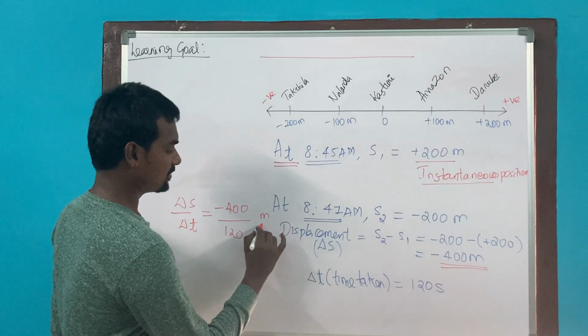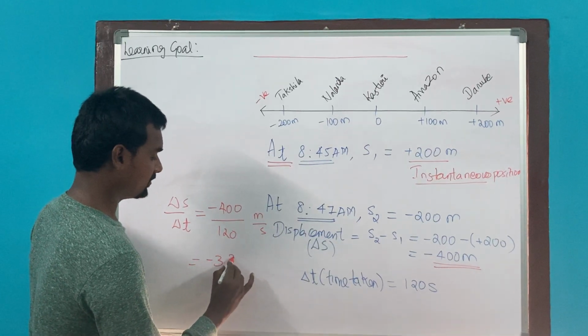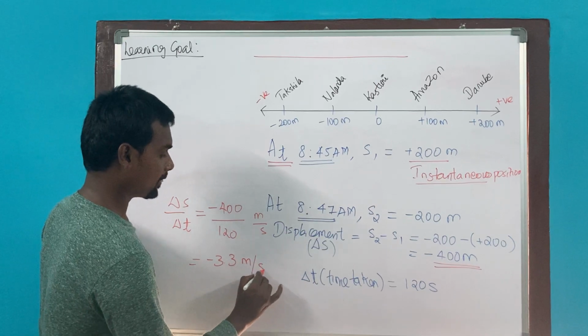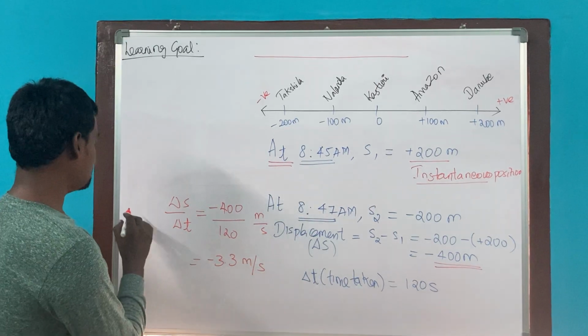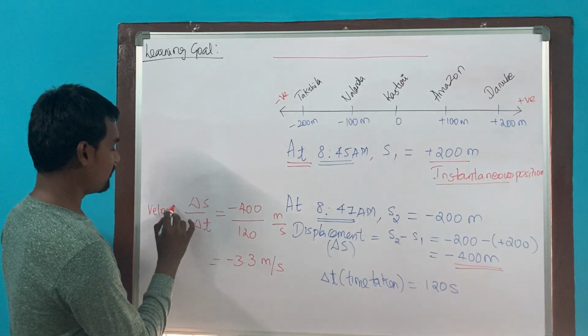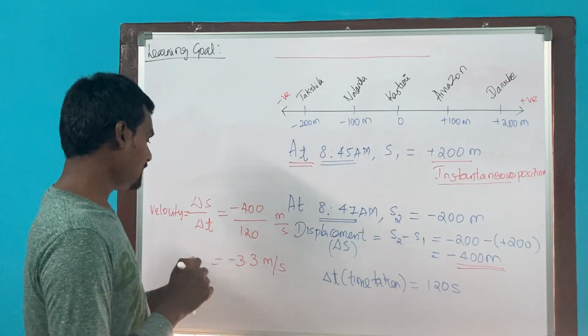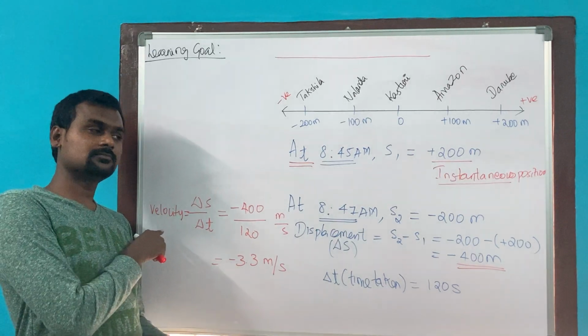This is meters, this is in seconds. So you get minus 3.3 meter per second. And this quantity is what we call it as velocity.